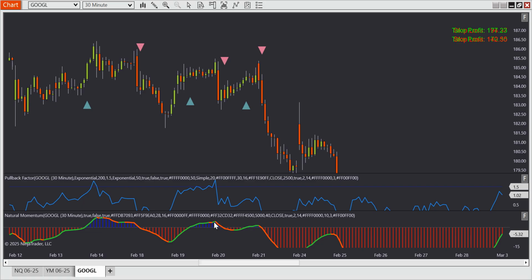Green briefly again, and then red, moving to the downside. So a great one to pair with that, as you're seeing the 1.5 being poked above, and the momentum indicator is also telling us that the move up is cooling down, and we should see the expansive move soon.